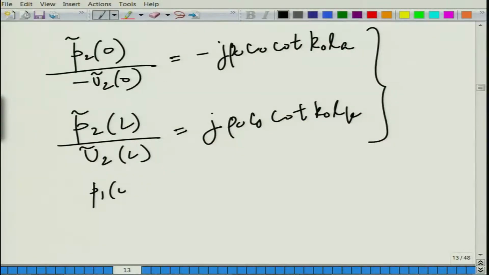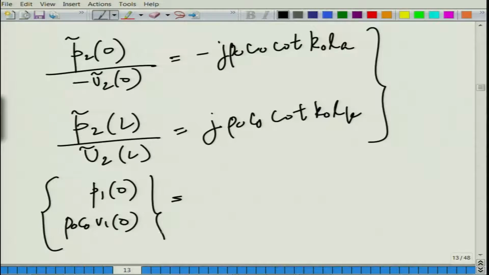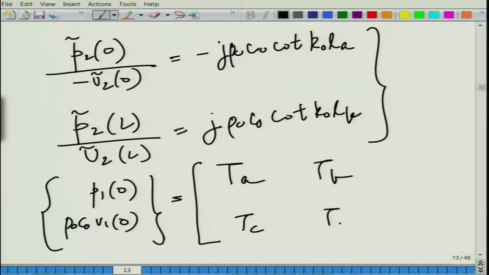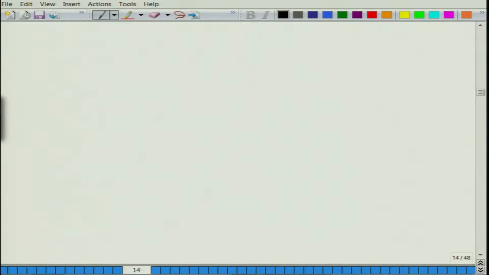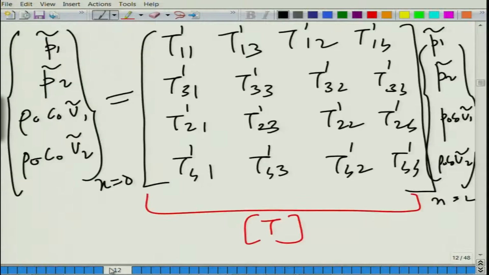So, we would get u 1 0 as something like this. Okay. T A, T B, T C and T D. So, we will get something like this, okay, where T A is given by T 11, that is your T 11 is really this particular element.